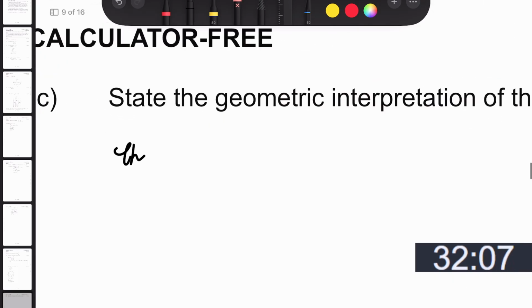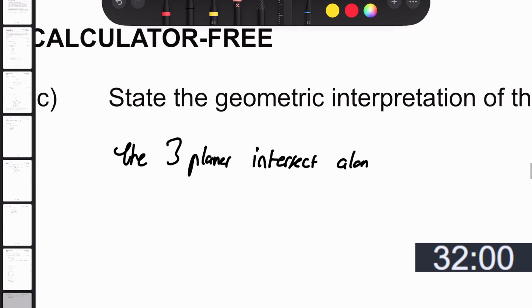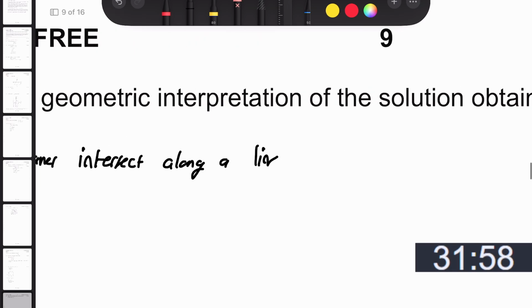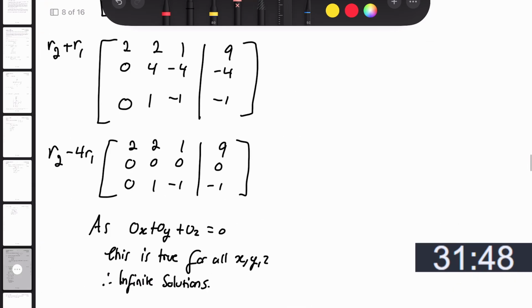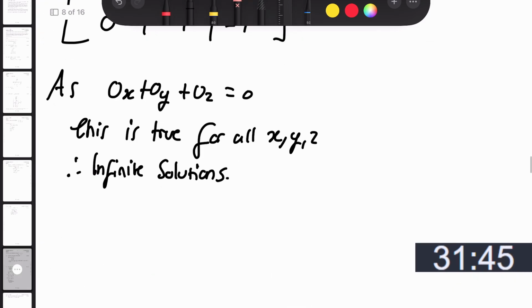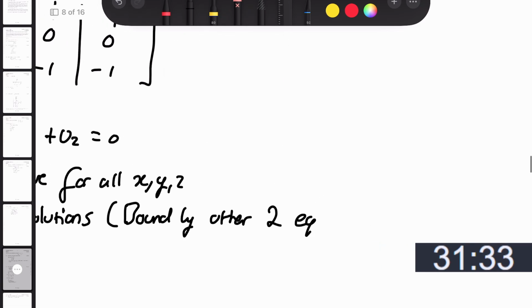The 3 planes intersect along a line, hence infinite solutions. Infinite solutions bound by the other two equations.